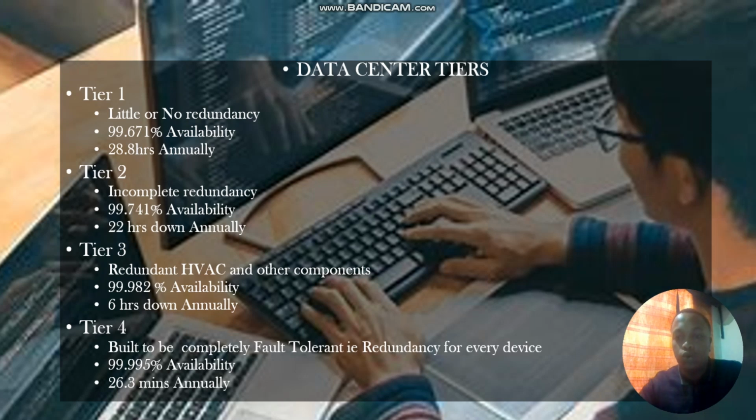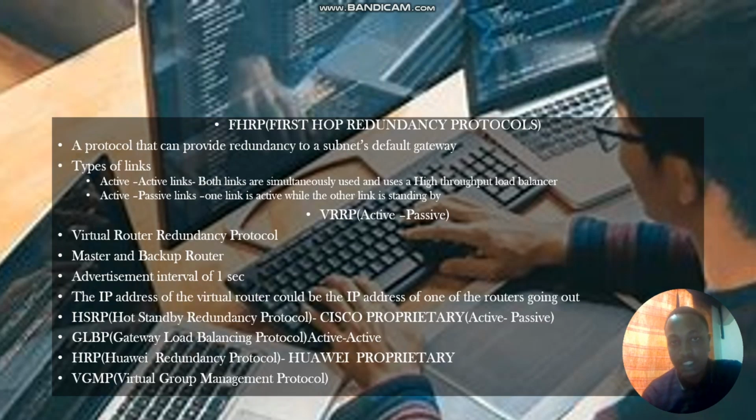So according to your financial resources, choose an appropriate data center tier to run, so that you're able to provide higher availability. Now, let us look at the first hop redundancy protocols.